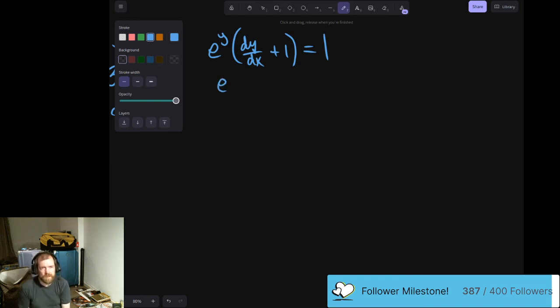So this would be e to the y dy/dx plus e to the y is equal to 1. Alright, then separate variables by multiplying by dx. So this is e to the y dy plus e to the y dx is equal to dx.